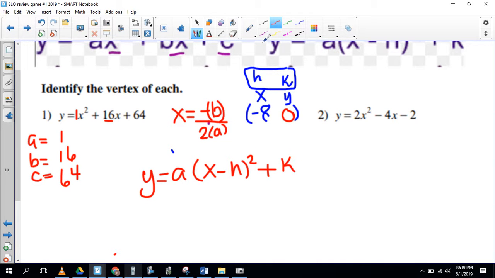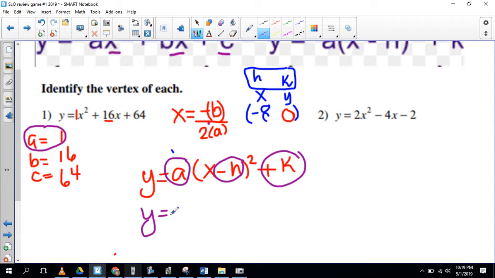Okay, and so all we are doing is plugging in for our a, our h, and our k. So our a is what we're going to use from over here. A was 1. So guys, I'm going to write it just for the purpose so we can see it, but you will not see 1 written there.